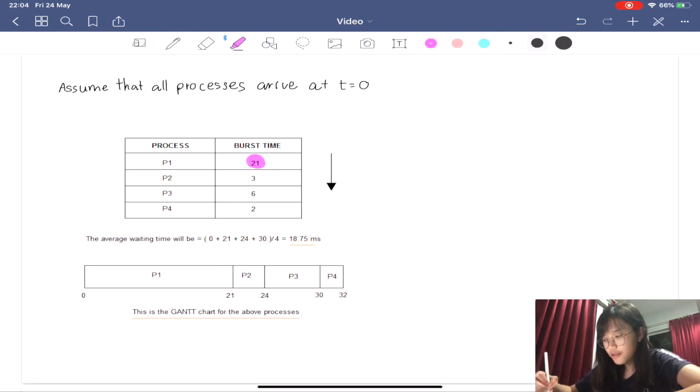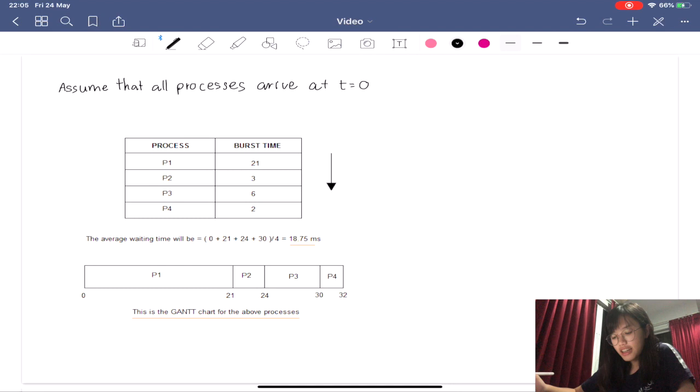So, you will need to write 0 and 21 here, so it will be the period for P1 to execute, and P2 needs 3. So, after 21 from P1, we add 3 because it needs 3 to execute, so we write 24 here.